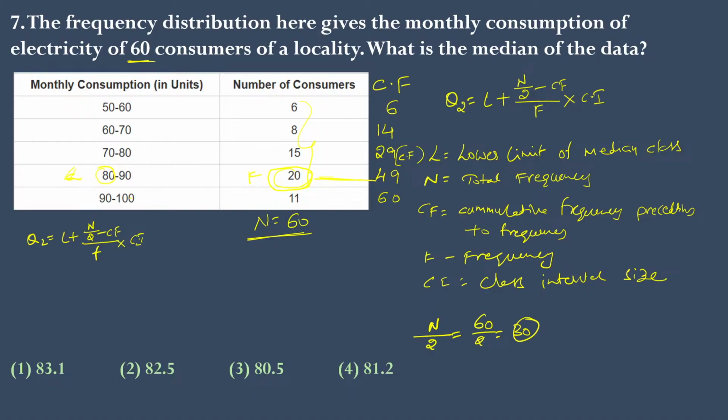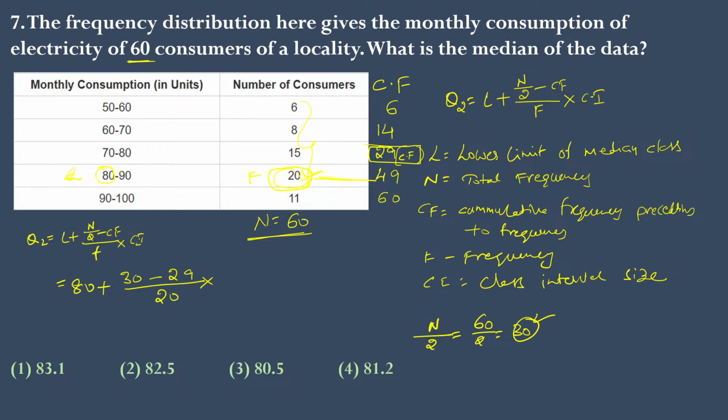The lower limit corresponding to it is 80. Substitute: L is 80 plus N by 2 is 30, minus CF is 29, by frequency 20, into class interval size.